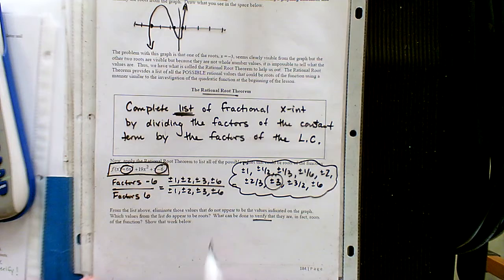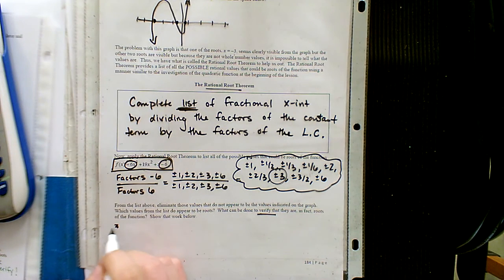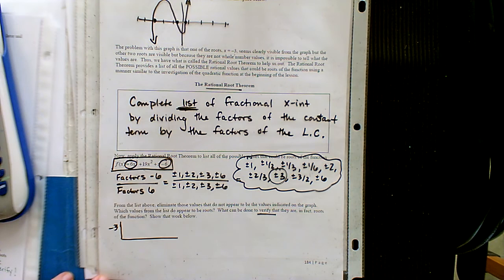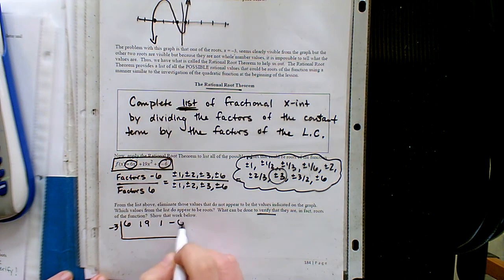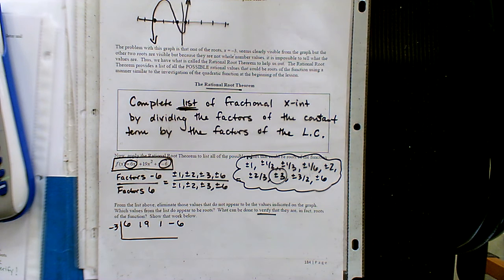Okay, so we'll go to the bottom down here. We'll do -3 as our little outside number. And then we'll take the coefficients from our equation and go through our division process. Do we need a reminder on synthetic division? No? We're good? Okay.